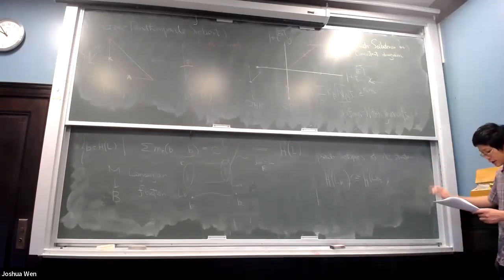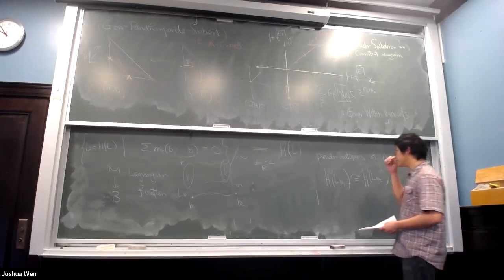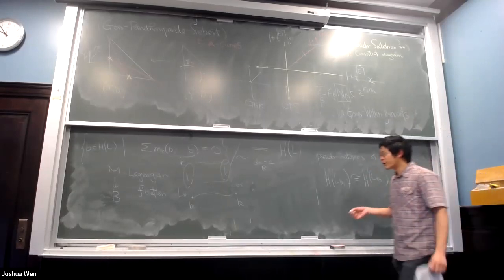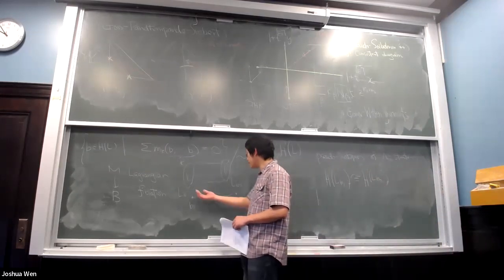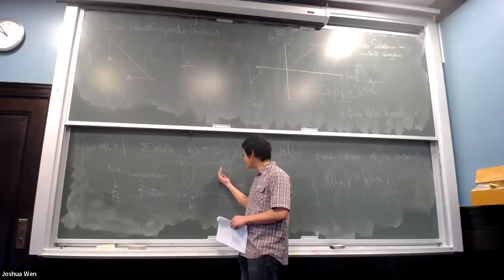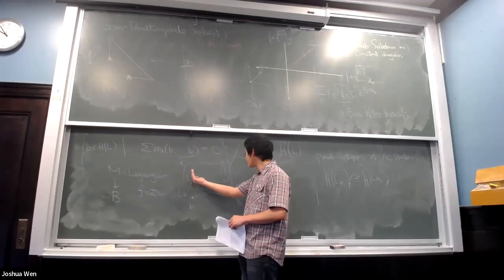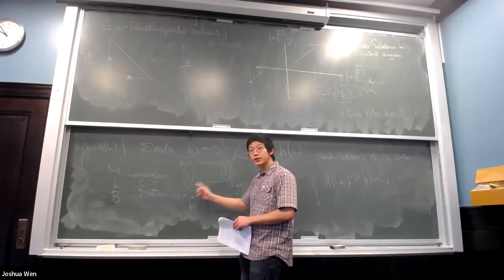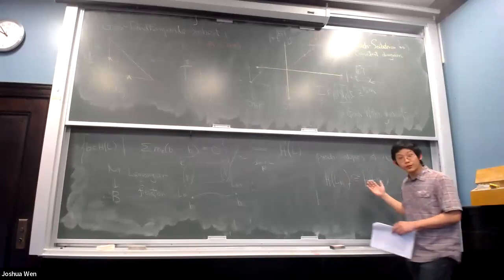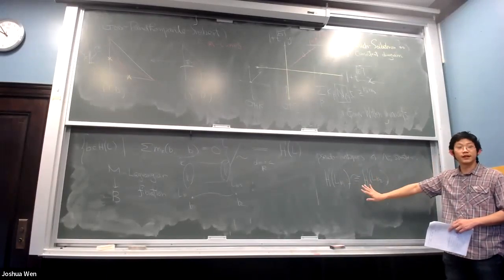There's some technical things I need to put here. But you might ask, why would you care about this? Because if you have a fibration, choosing a path will give you a diffeomorphism of these two fibers. So their H1 are naturally isomorphic by Gauss-Manin connection. So this is not interesting.